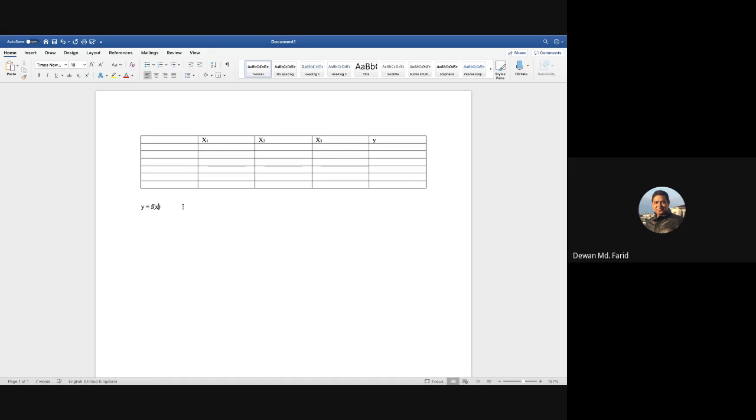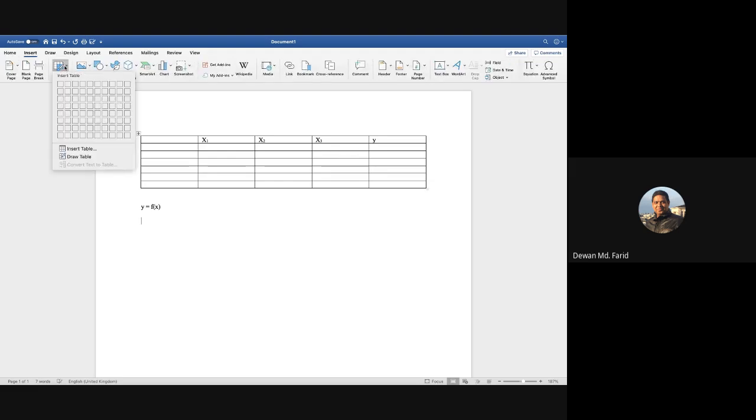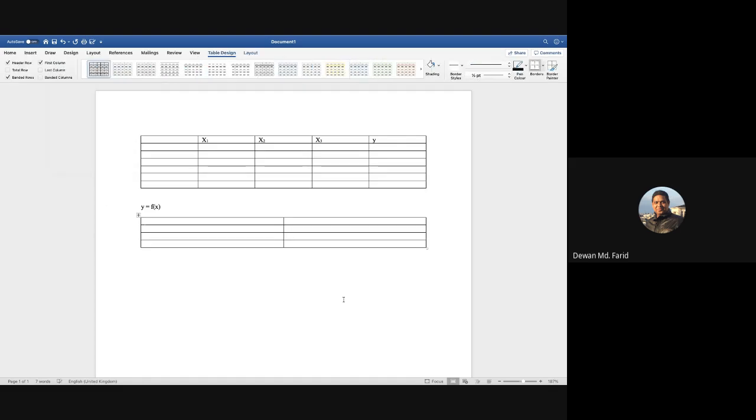Say for example, just assume we have this table and we have only two values, x and y. So for each value of x, there is a value for y. Is it clear?